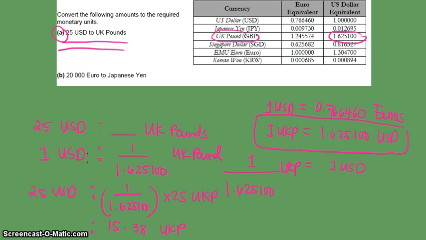So if 1 US dollar is equivalent to 1 over 1.625100 UK pound, then to get the 25 US dollars, we have to multiply this by 25. Since they're the same, you have to multiply this also by 25. And after doing that, you will get the corresponding value of 25 US dollars to UK pound.